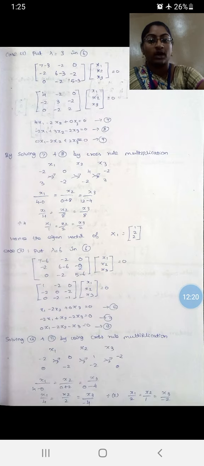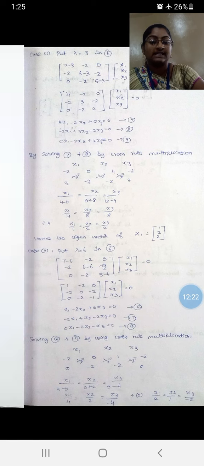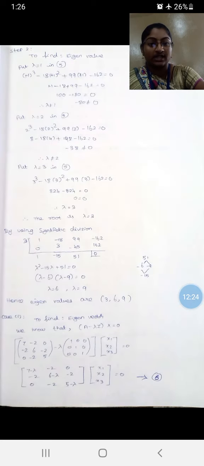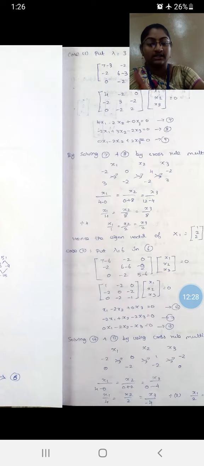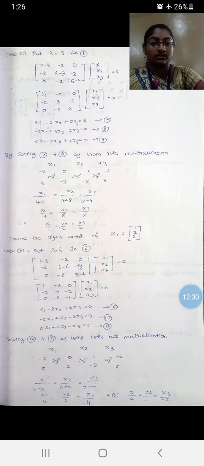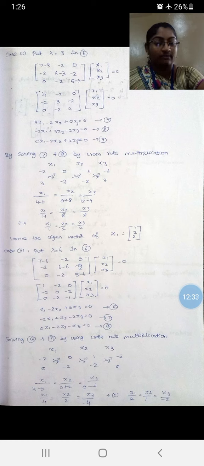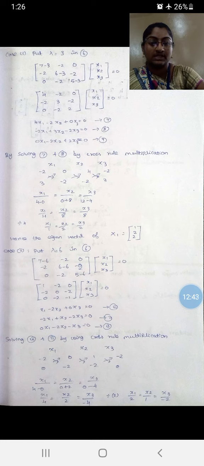Next, in case 1, put lambda equal to 3. See, our first eigenvalue is 3, second eigenvalue is 6 and third eigenvalue is 9. Take the first eigenvalue, lambda equal to 3, and substitute in equation 6. So we get 4 minus 2 0, minus 2 3 minus 2, 0 minus 2 2 into x1 x2 x3 equal to 0.